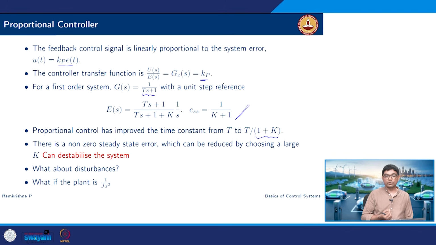This steady state error can be reduced by choosing a large value of K. Of course, a large value of K might sometimes make the system go unstable, and it is also not really good when we have noise terms in the system.